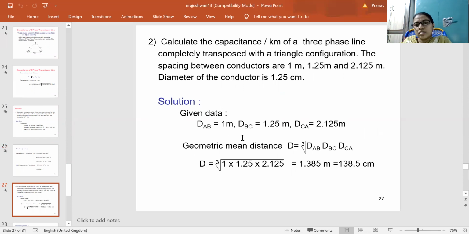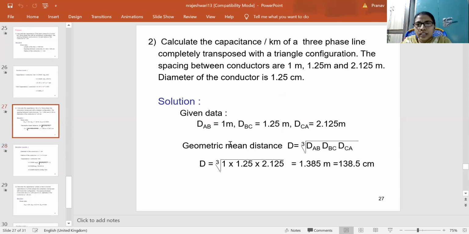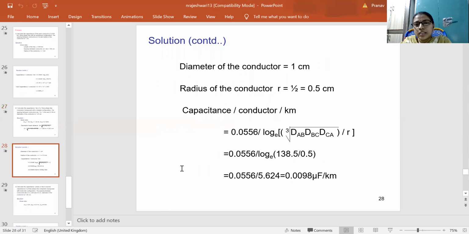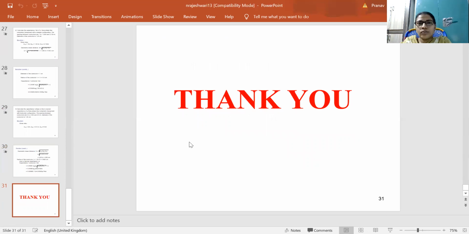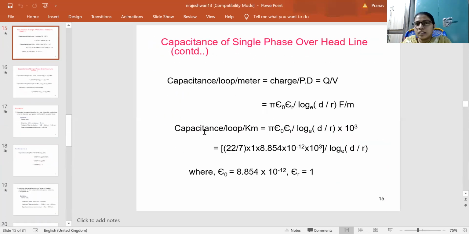In the transposed configuration the formulas are also the same. The geometrical mean distance capital D is equal to cube root of DAB into DBC into DCA, and the capacitance per conductor per kilometer is equal to 0.0556 by logarithm of cube root of DAB, DBC and DCA by small r microfarads per kilometer.